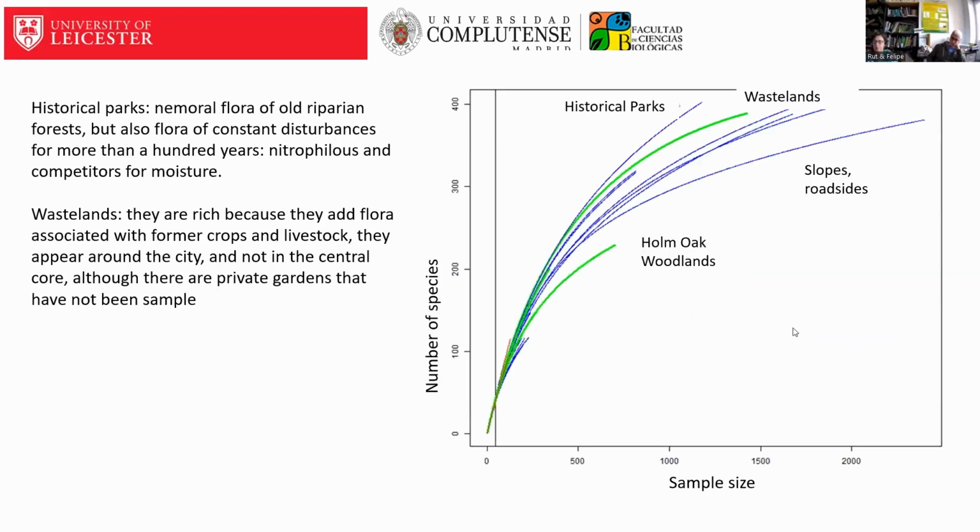So, making a reflection, you see that the richest habitats are the less natural ones. This is because of the things that Felipe was explaining before: they attract new species, some are alien, but they are also able to retain the oldest ones.